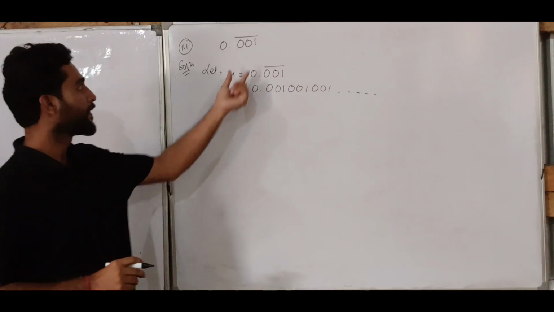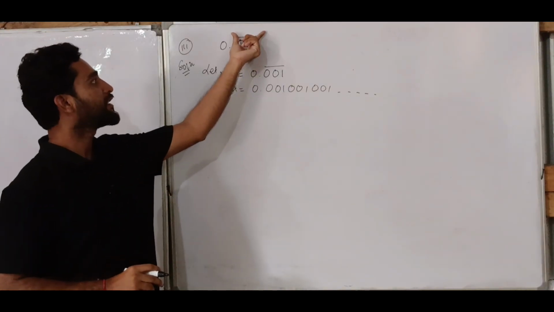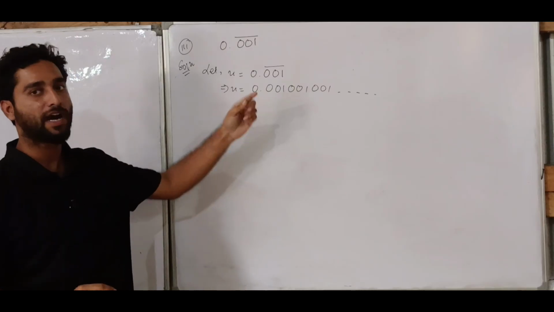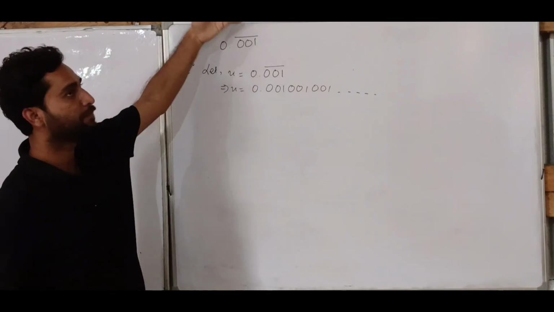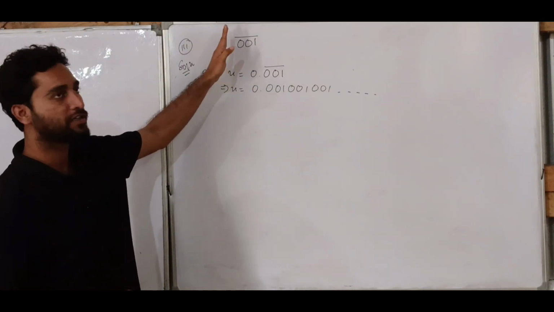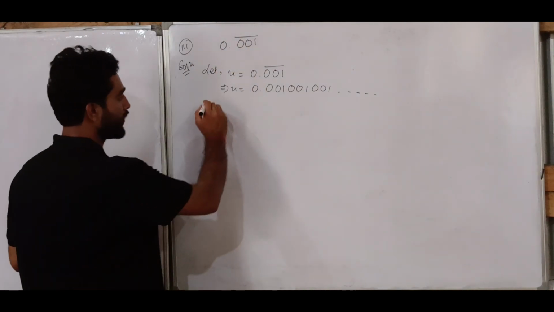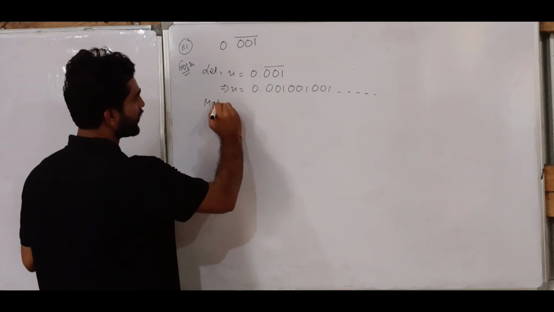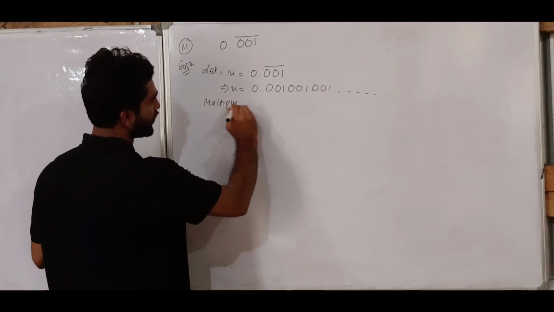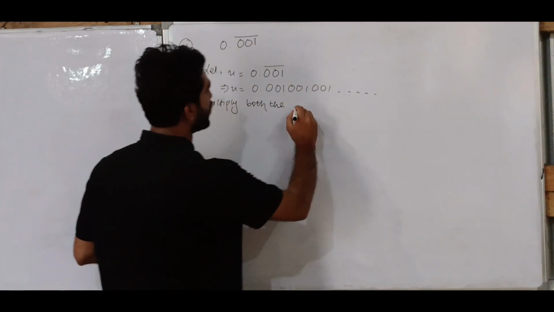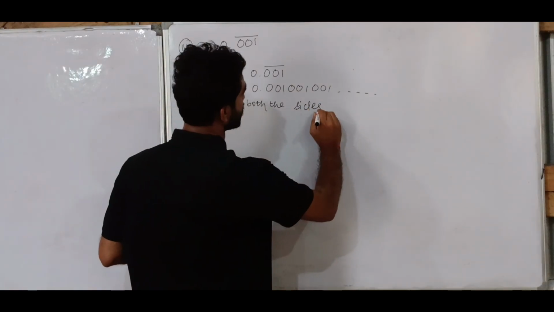Now you see here above the 3 digits bar is there, no? So directly we can multiply both the equations by 100 because above 3 digits bar is there, and there is no digit which does not contain bar. All the 3 digits contain bar. So multiply both the sides.